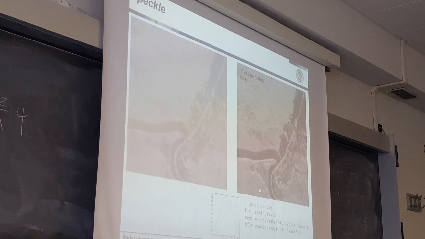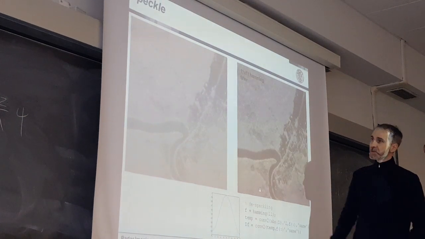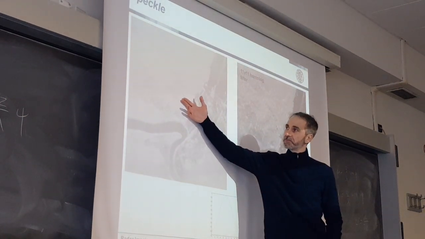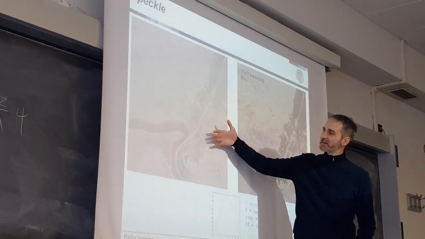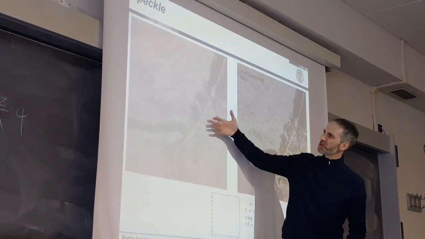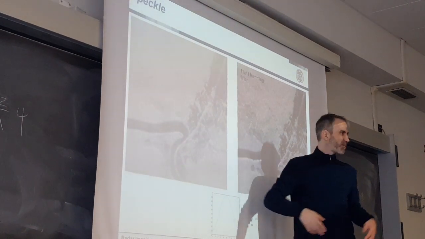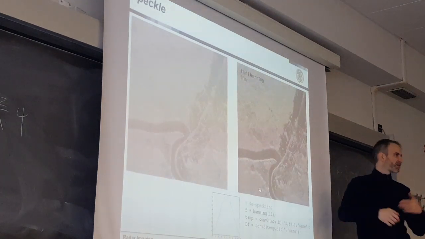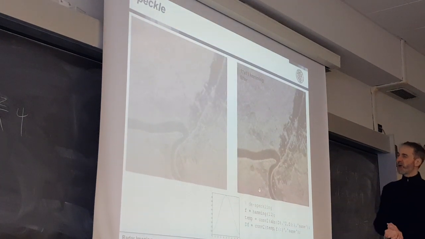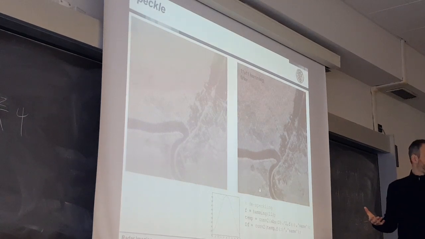So this is a tropical forest. So again, vegetation, and you see here that in these images you do not have much contrast because each pixel is determined by this interference. How do you reduce this interference?